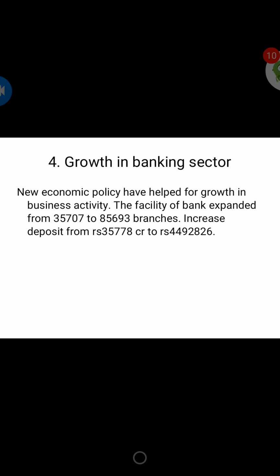The bank network expanded from 35,707 to 85,693 branches. Deposits increased from rupees 35,778 crore to rupees 44 lakh 92,826 crores. So we see many changes that have taken place.